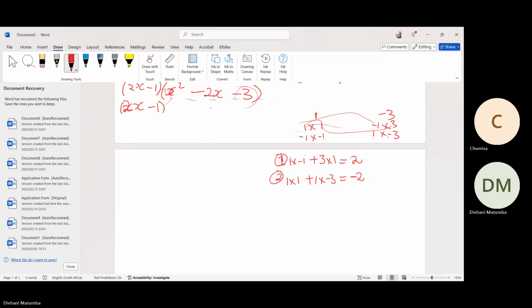Perfect. Without even going further, we already have a number which is the same as the middle term. So we're done, basically.